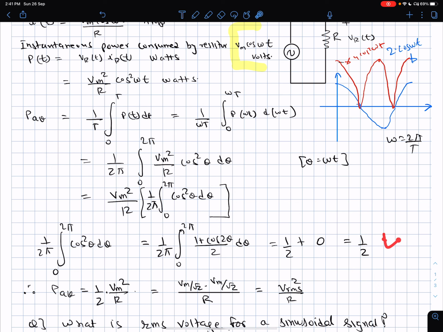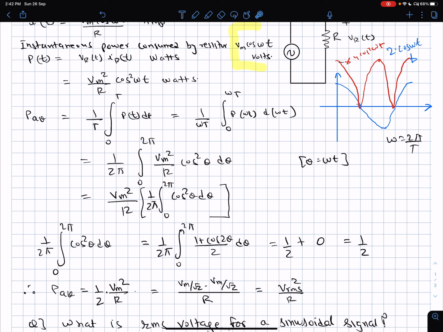That is half. How? Because cos square theta can be written as (1 plus cos 2 theta) by 2. Then this becomes a DC signal, a fixed value 1 over the whole interval 0 to 2 pi. So therefore its average will come out to be 1 by 2 itself. And if you take cos 2 theta and integrate it, it will turn out to be sin 2 theta by 2.